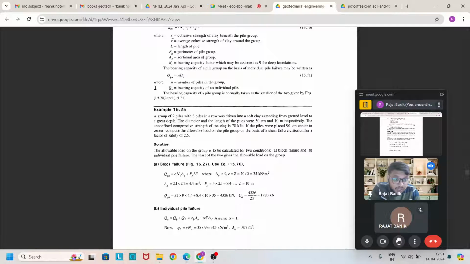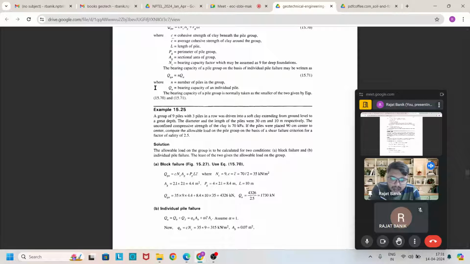L is the length of the pile in the block. C bar is the average cohesion along the block. Here Nc is 9, and C bar and C are the same, equal to 70 by 2, because here it is given the unconfined compressive strength 70. So cohesion is half of this, so it is 35.